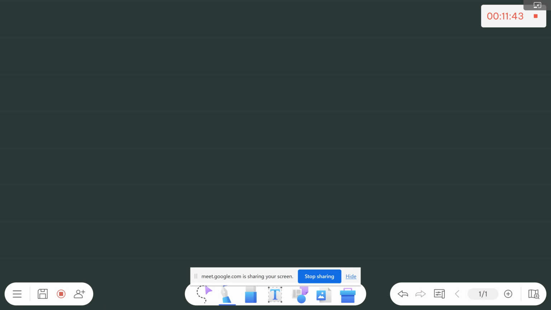ZnSO4 means Zn2+ plus SO4 2-. CuSO4 means Cu2+ plus SO4 2-. So this electrode is having Zn2+, and this is having Cu2+.